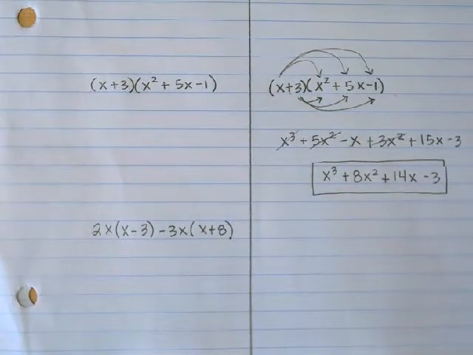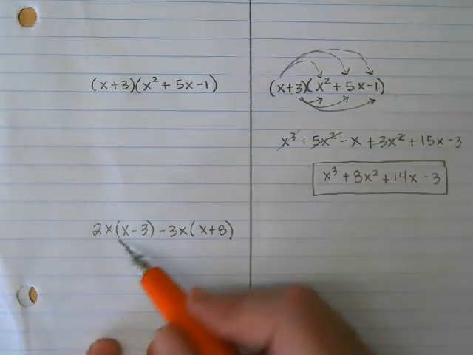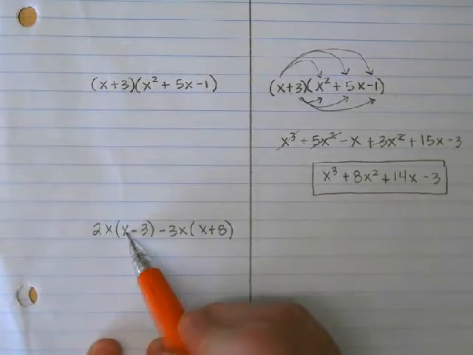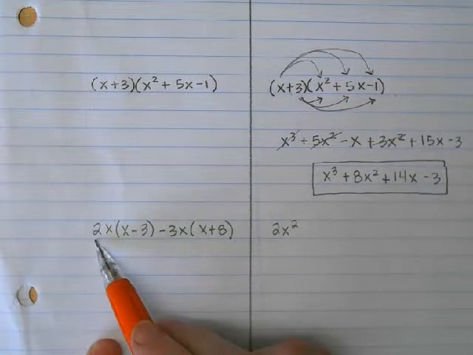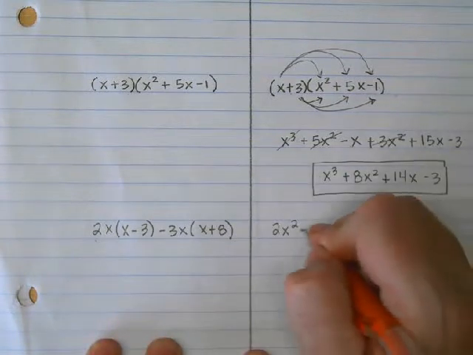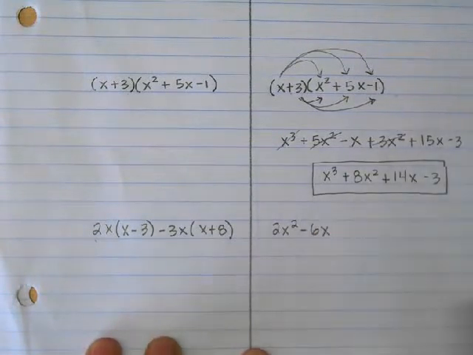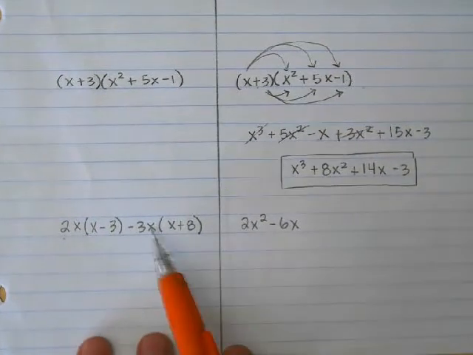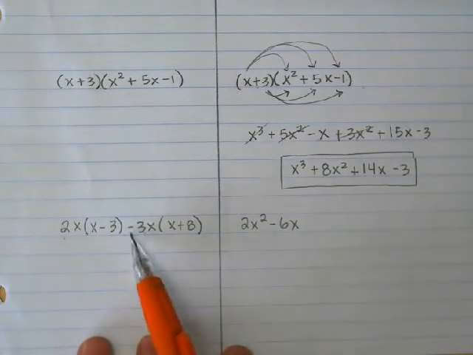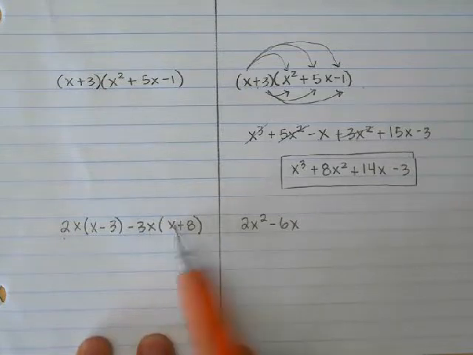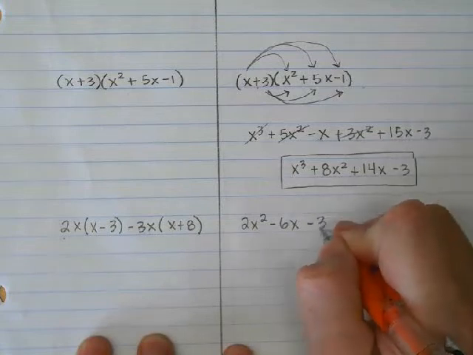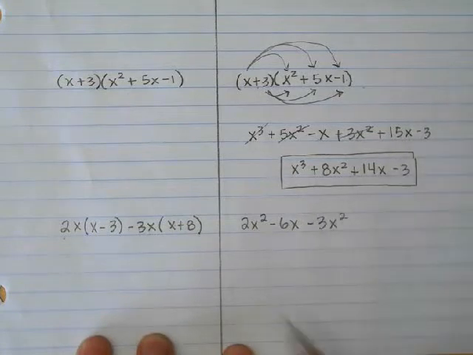Okay, so here I'm just going to distribute and collect like terms. So I've got 2x times x is 2x squared. 2x times negative 3 is negative 6x. Okay, now with this right here, you got to be careful. This is a negative 3x. So a negative 3x times a positive x is a negative 3x squared.